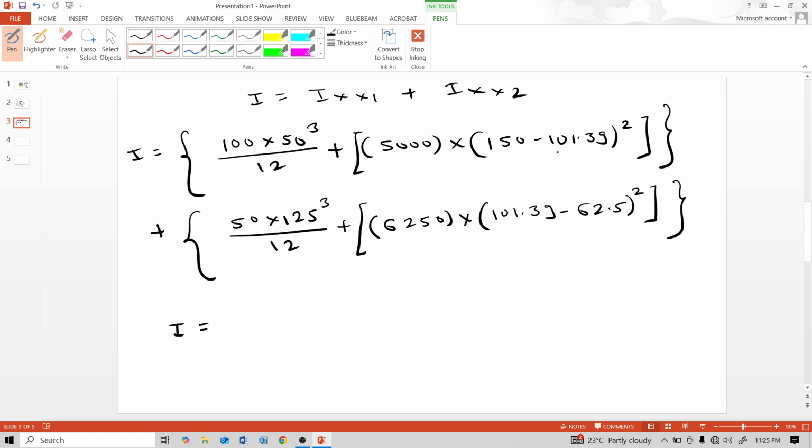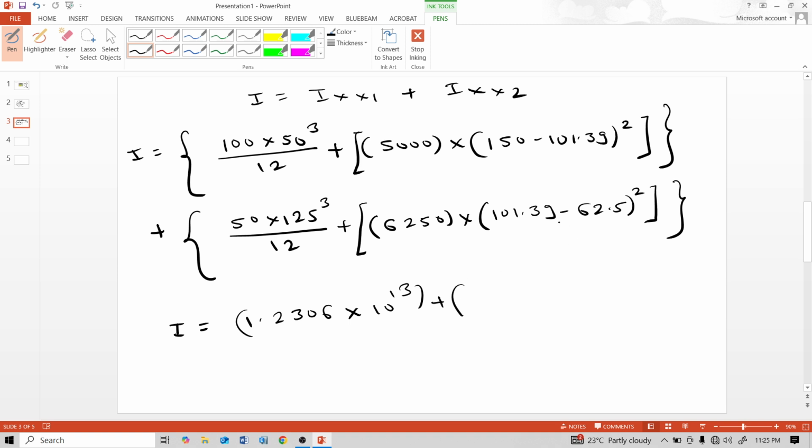So solve this one first. Ix1: 150 minus 101.39 squared, multiplied by 5000, multiplied by 100 into 50 cube divided by 12, gives 1.2306 into 10 raised to 13.